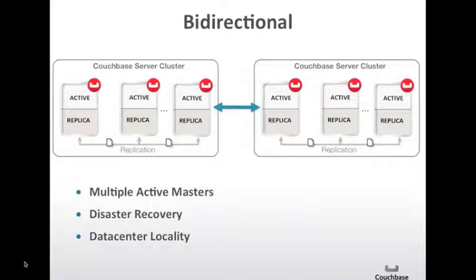And also, the other major use case is for data center locality, which is bringing data closer to your user. Let's say, as I mentioned before, your application becomes viral, becomes very popular, and now you want to have a sub-millisecond fast response time. In that case, having a data center which is closer to your user will make sense.